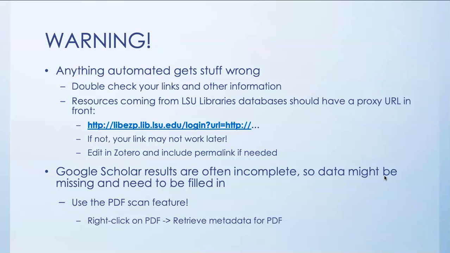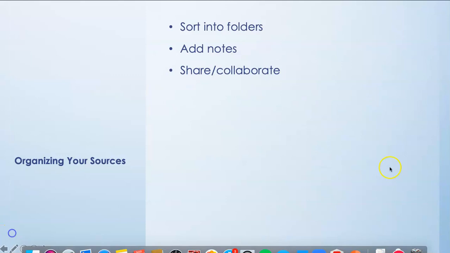If you're unsure if the PDF you have has that capability, if you click and highlight the text, if you're able to do that in a PDF, it is machine readable. If you're unable to do that, it's more like an image, it's not going to be able to use this feature. But once I've saved my PDF, I can right-click on it and then select Retrieve Metadata for PDF, and it scans through and uses all of its artificial intelligence to find all of the relevant information and fill in the gaps for you. Really useful feature.